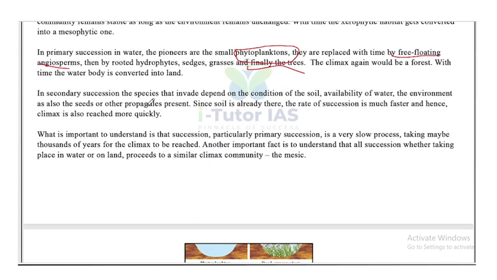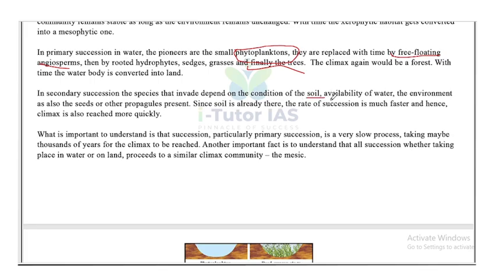So, in secondary succession, the species that invade depend on conditions of soil, availability of water, the environment, and also seeds or other propagules present in the soil. Since soil is already there, the rate of succession is much faster and hence climax is also reached more quickly. So in secondary succession, the species invasion depends on the following conditions.